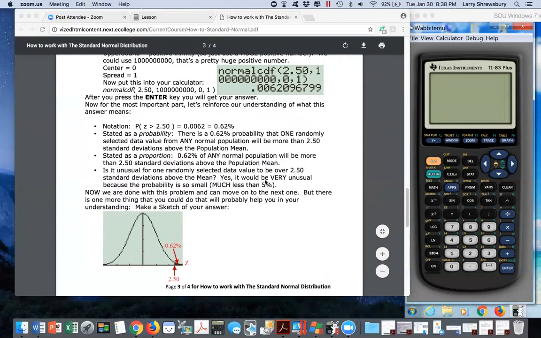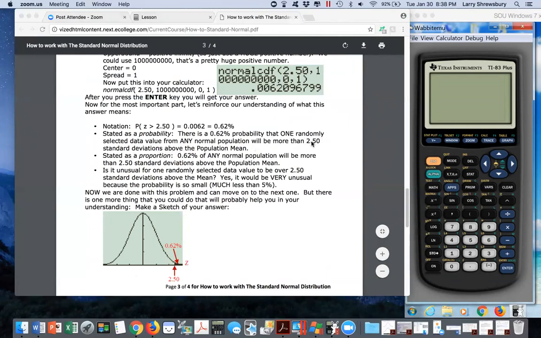So look at the interpretation here. There's a 0.62% probability that one randomly selected data value from, and this is what's so different from what we did earlier, not from a unique particular population like those exam scores, but from any normal population, will be more than, we don't say just 2.5, we interpret that as the z-score it is, 2.50 standard deviations above the mean.